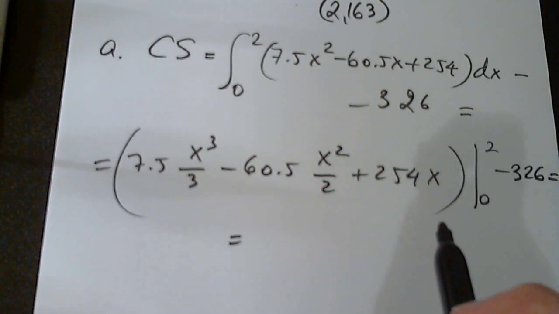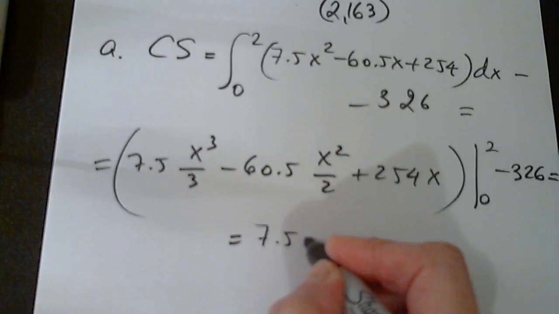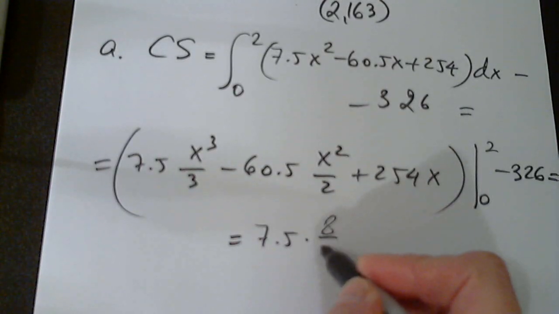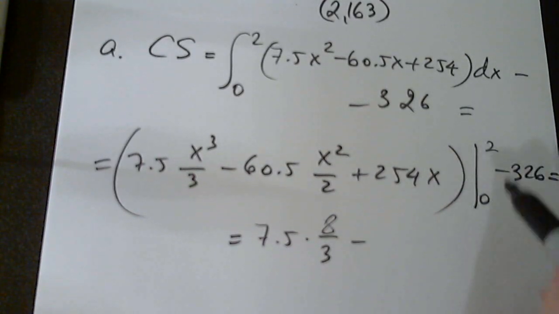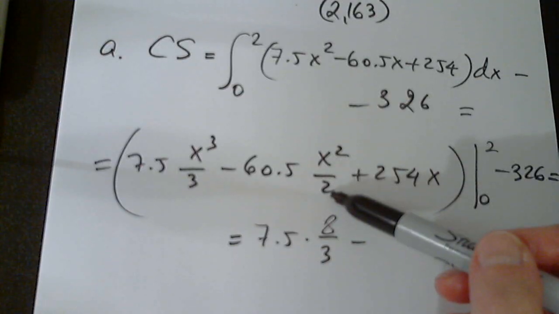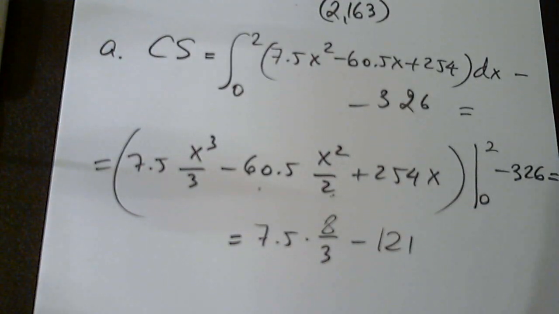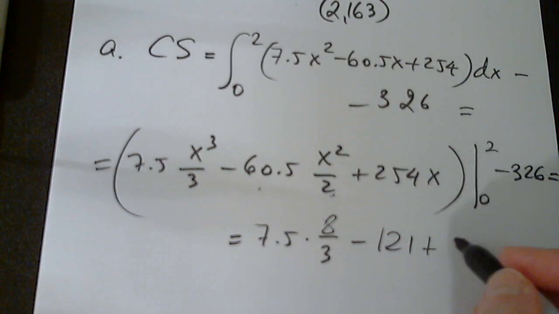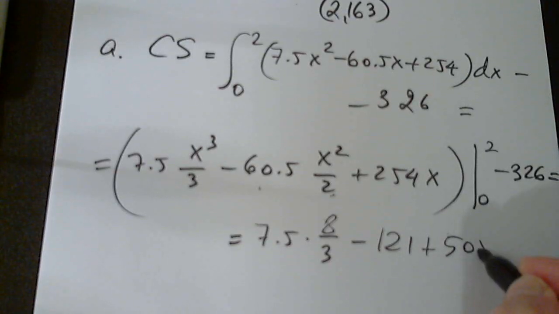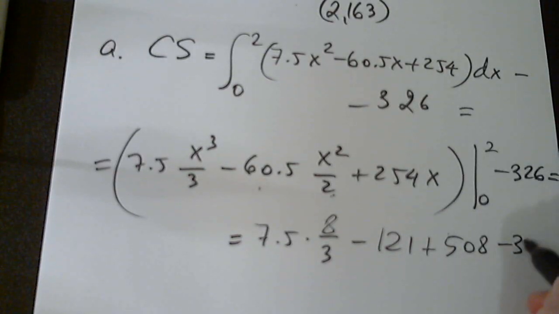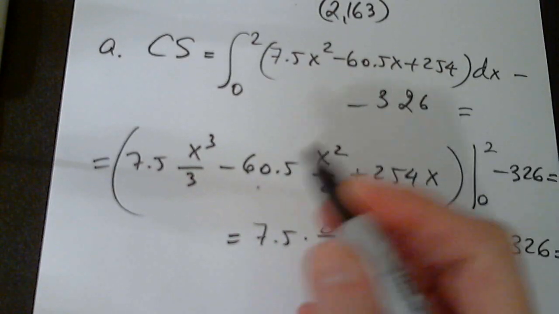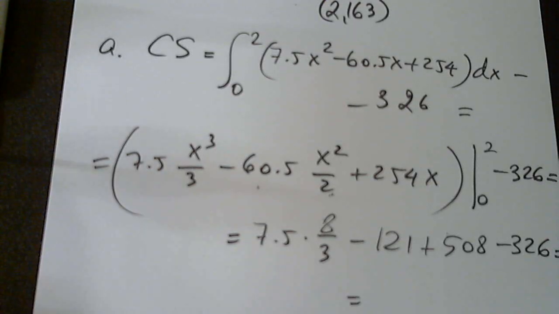So 7.5 times 8/3 minus 4 divided by 2, which is 2, multiplied by 60.5, that's 121, plus 508 minus 326. And we're going to check the answer just to make sure.